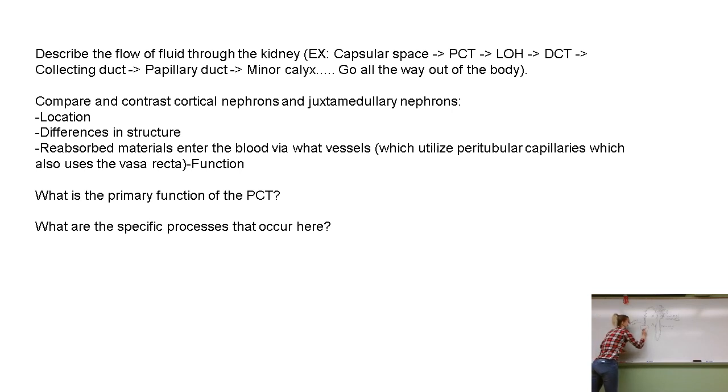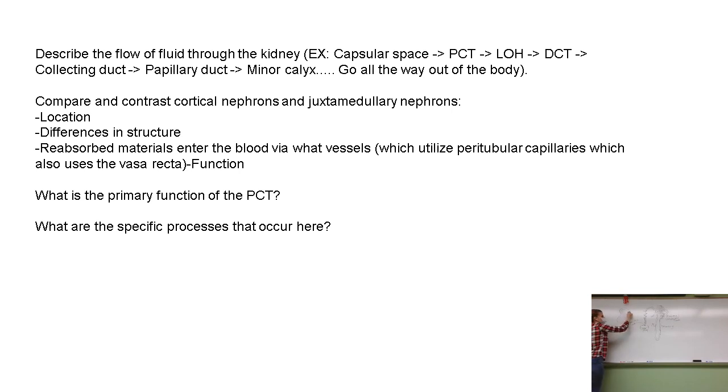Minor calyx. Okay, a minor calyx. So if we were looking at a kidney, the cortex is this area around the outside, and then you have these renal pyramids, right? This whole nephron part would be out here in the cortex.